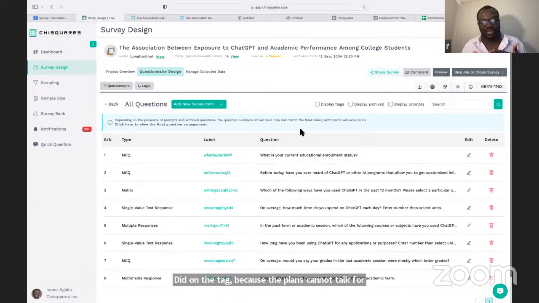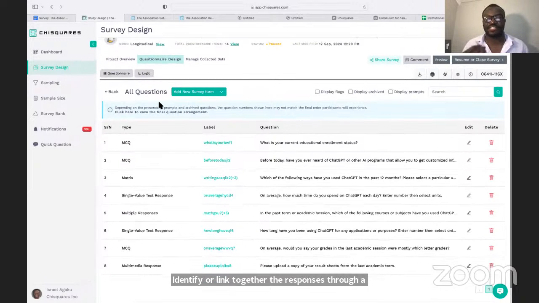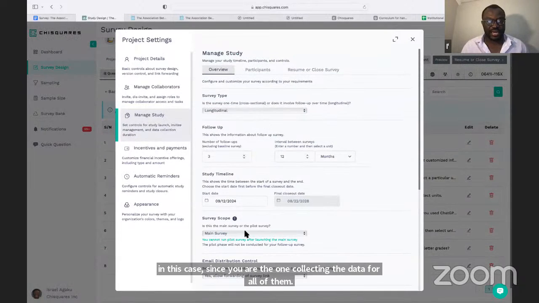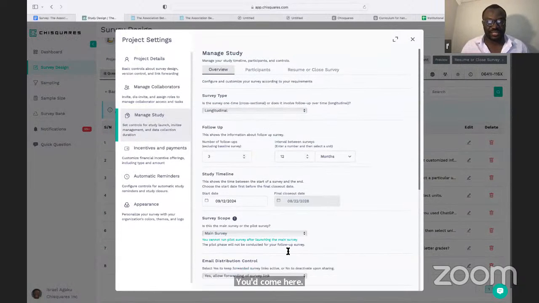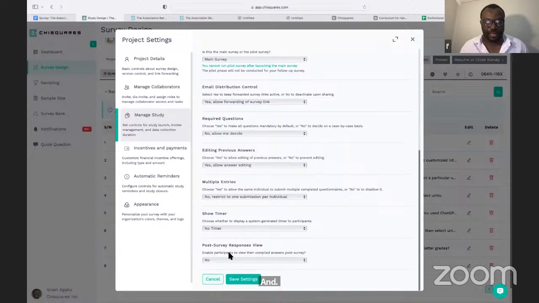So that's how you can identify or link together the responses through a unique identifier. But in this case, since you are the one collecting the data for all of them, you'd come here, and under the study settings, you would come to multiple entries.